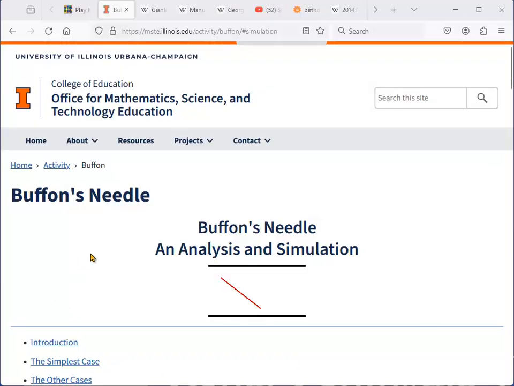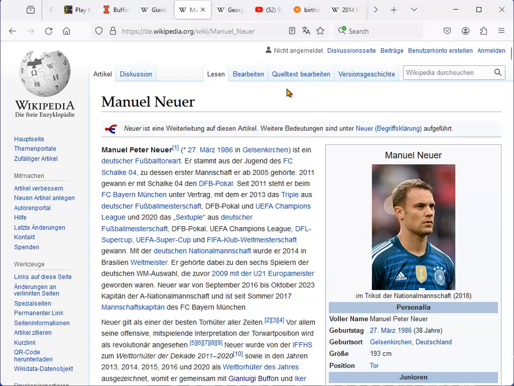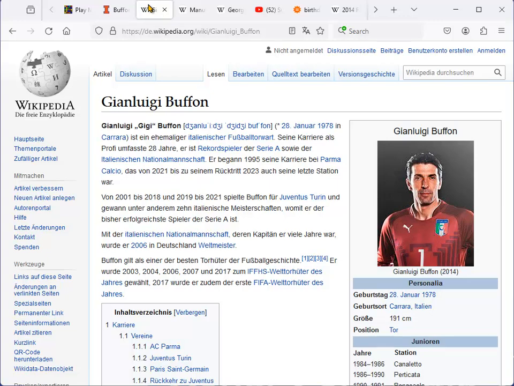So this is Buffon's needle, and here he is, Gianluigi Buffon, goalie for Italy, who won the World Cup in 2006. And this one is Manuel Neuer, goalie for Germany, who won the World Cup in 2014. And then there is this other game where they played against each other, semi-final of the European Championships, where at halftime Buffon poked a needle into Neuer, which made him a little drowsy, so Germany lost that game.